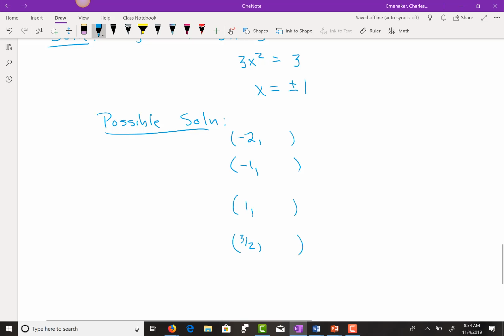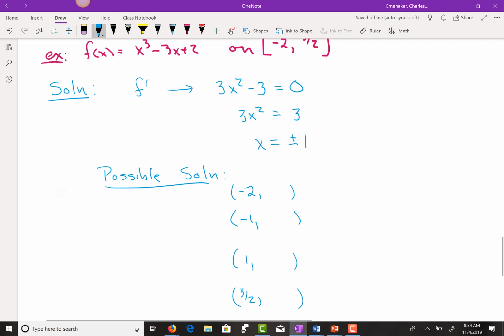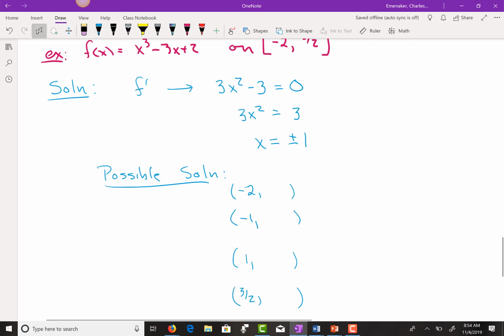How do you get those y values? Plug it into what? The original function. Be careful to always go back to the original function to get your y values.